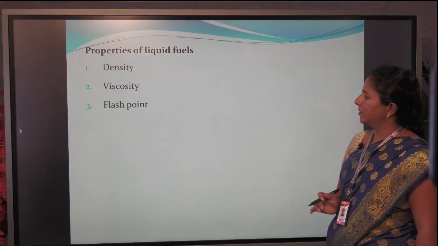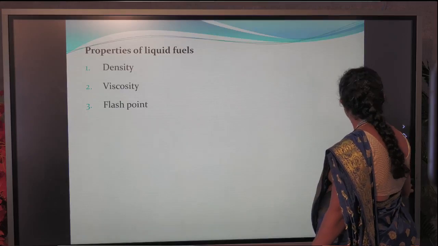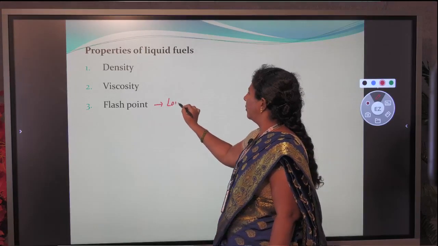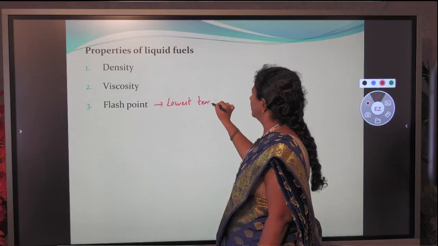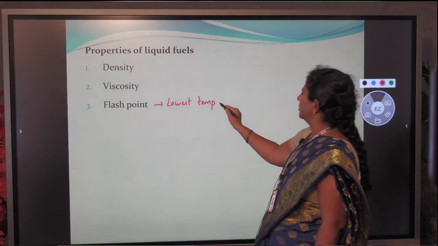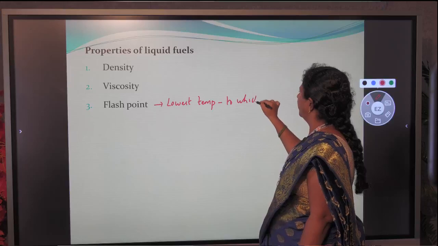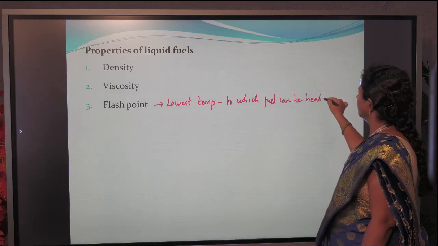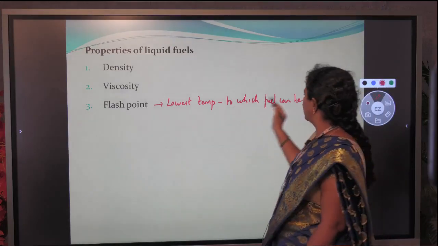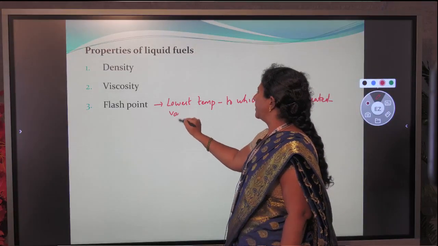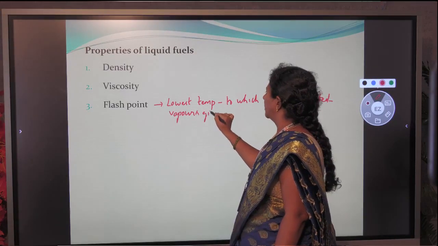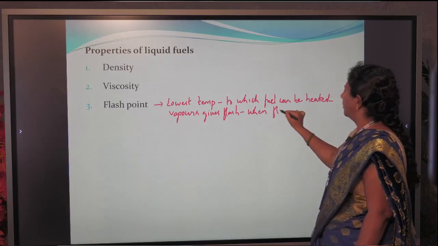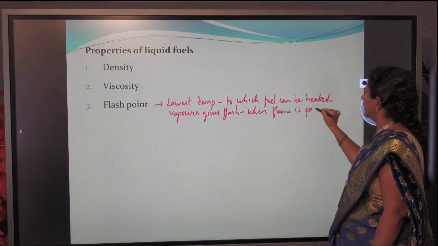And third property is flash point. Flash point is the lowest temperature to which fuel can be heated, so that the vapors give flash when flame is passed over it.